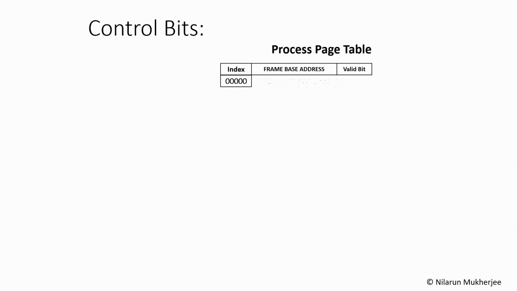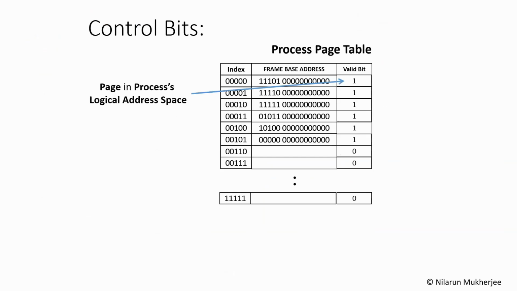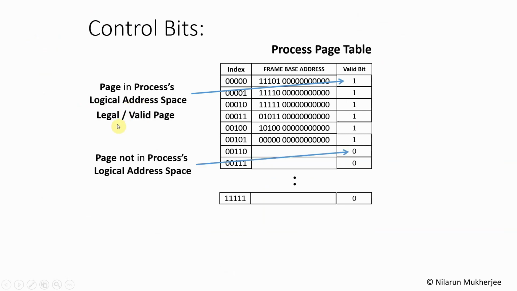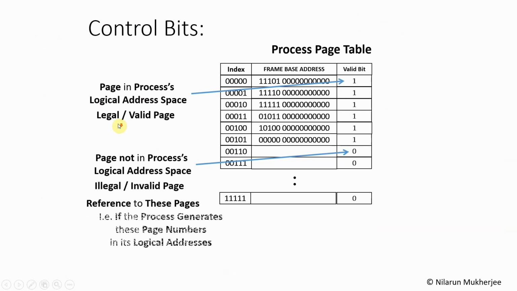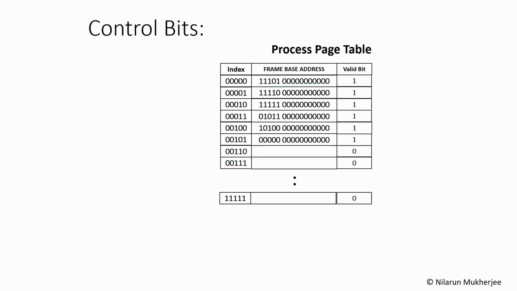Next, we have two more things. So you may see the page. This is a page in the process's logical address space, a legal or valid page. Pages which are not in the logical address space, references to these pages are considered illegal. So they will generate an illegal address trap to the OS.